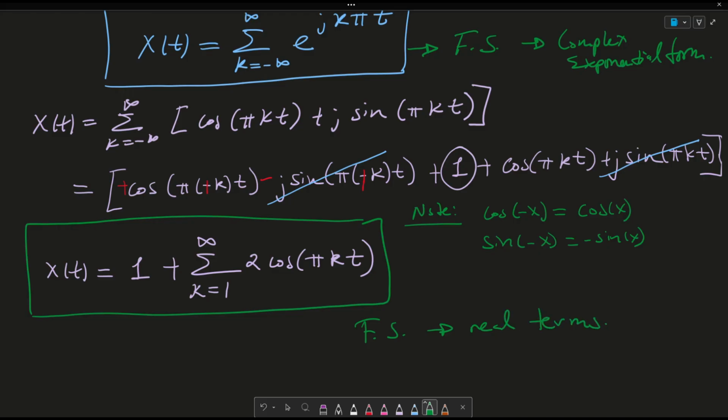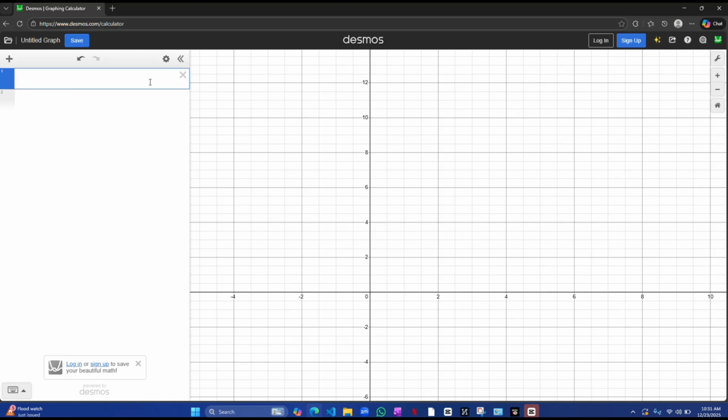Let's go ahead and graph this in Desmos so we can see how it's behaving. So if we go ahead and come to Desmos, we can type out y of t is equal to 1 plus the sum, let's be consistent, k is equal to 1 to, let's just say 5, so it doesn't take too long to render.